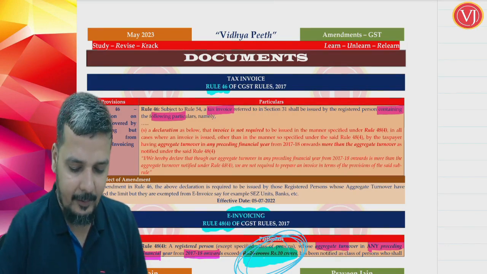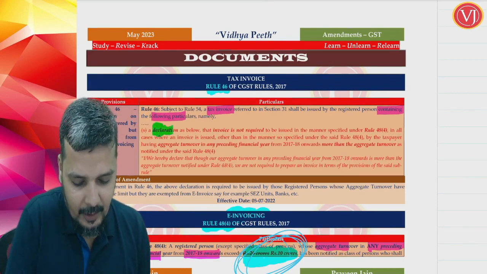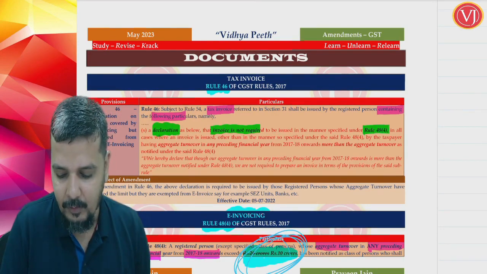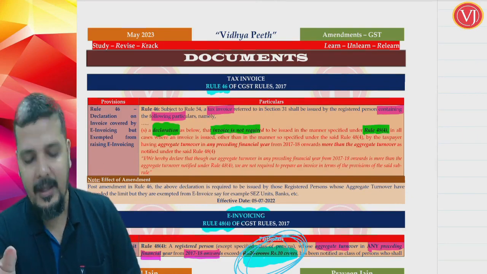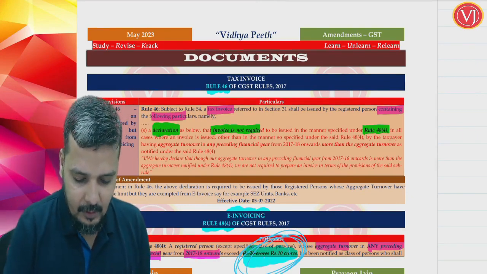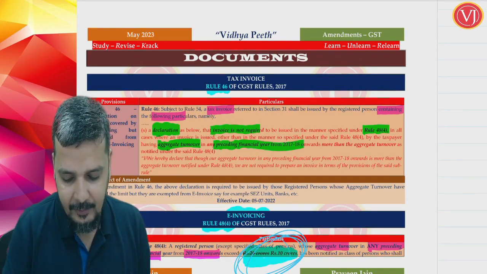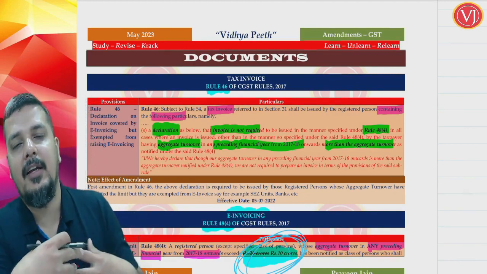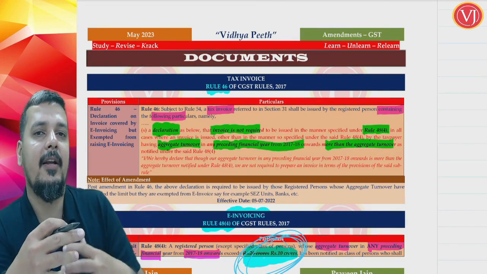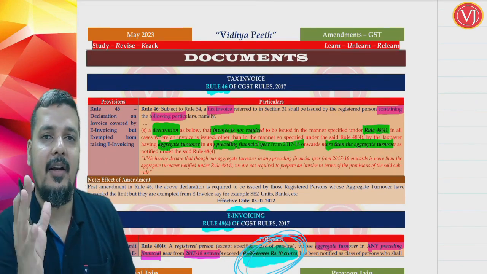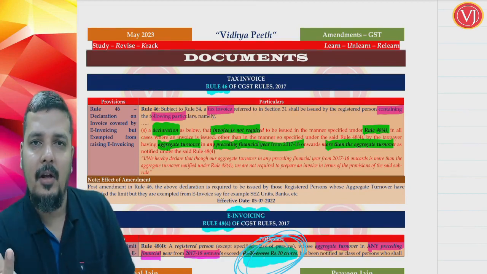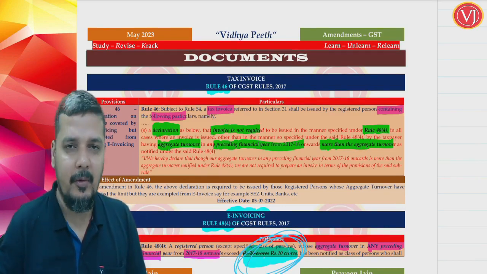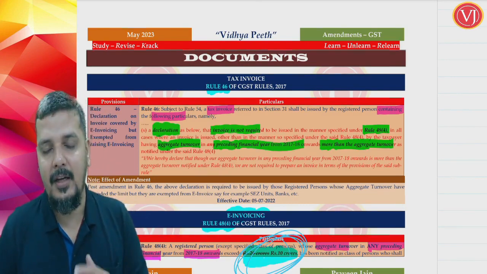Now they have added one specific content: a person who is not giving e-invoicing in accordance with Rule 48 sub rule 4, though his aggregate turnover in the preceding financial years from 17-18 is more than what is required for e-invoicing, has to give a declaration. He is telling that, see, my aggregate turnover is more than 10 crores in my preceding financial years starting from 17-18 or 18-19 or 19-20 or 20-21 or 21-22, yet I am not giving e-invoicing.